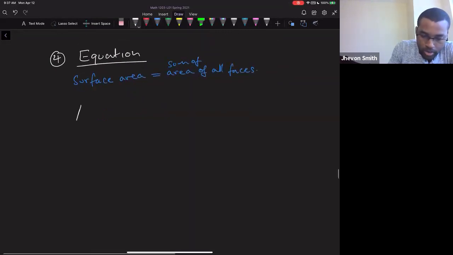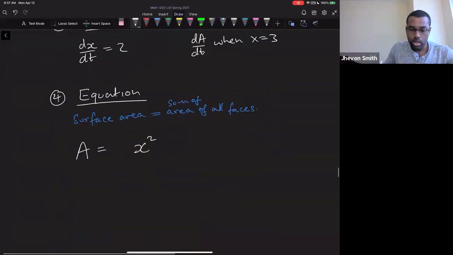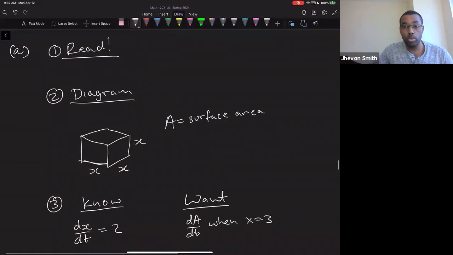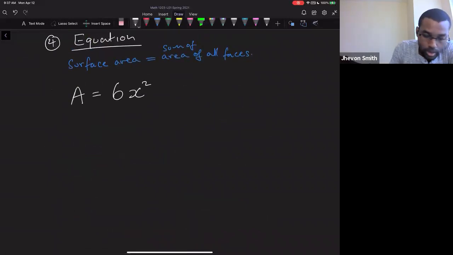So we know that x squared is going to be the area of each face, because a cube is made up of a bunch of squares put back to back. And there are actually 6 of them, right? The front, the back, the left, the right, the top, the bottom. So there are 6 x squares. I could have told you that this was an open box, in which case it would be 5 x squares, but would you pick that up from reading the problem? So that's our equation.